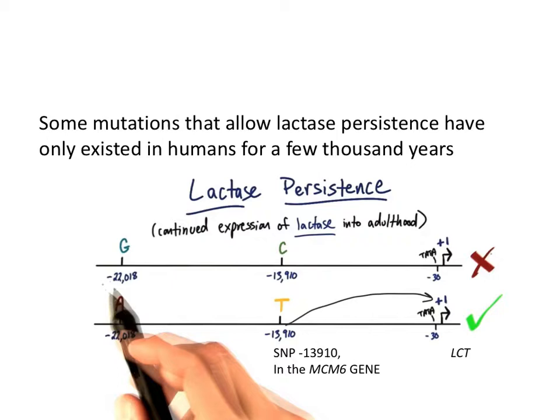That's the gene that encodes the protein that we need to be lactose tolerant in adulthood. So this mutation is over 10,000 base pairs in that direction from the gene. It's actually in an intron of the MCM6 gene. So this mutation is inside another gene.